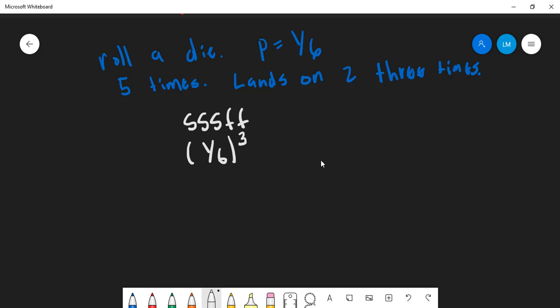But then we have 2 failures, so that means that we have 5 out of 6, and that's raised to the 2nd power. But here's where it gets a little tricky, because notice that we had 3 successes, and then we had 2 failures.